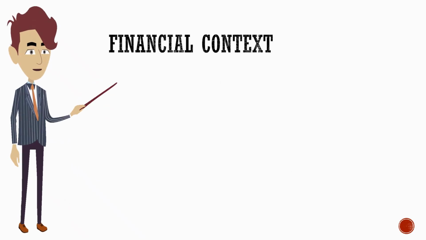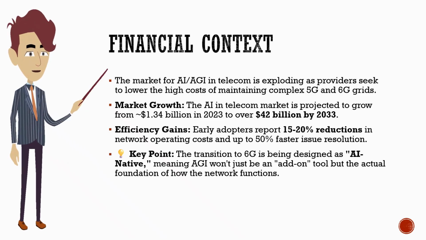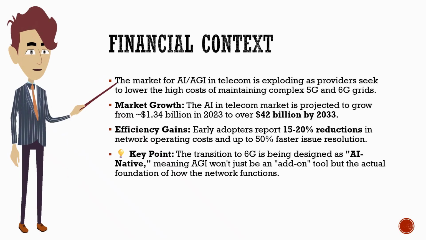Now if we consider the financial context, as you understand, 6G and other technologies are being considered everywhere, and AI is entering every area of life, or every area of technology also. The market for AI or AGI in telecom is exploding very rapidly because providers seek to lower the high costs of maintaining complex 5G and 6G grids.